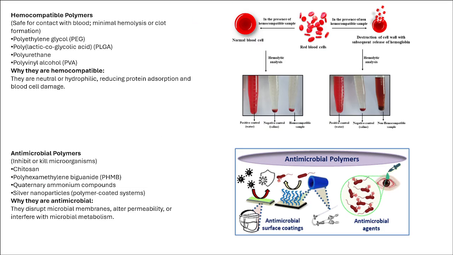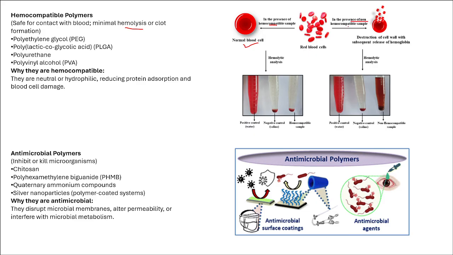Hemocompatible polymers, I just explained: whatever nanoparticles or nanomaterials you have synthesized should be hemocompatible, meaning they should not cause hemolysis. So these are the healthy red blood cells. If your nanoparticles are hemocompatible, your blood cells would remain healthy.